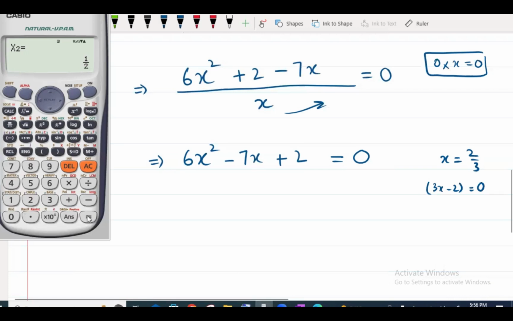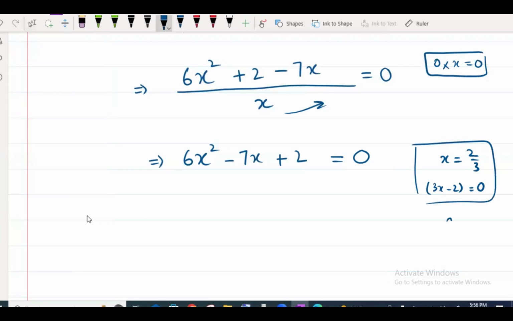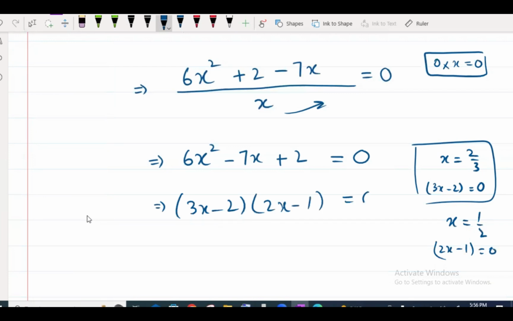Then the second value is x equal to half, so it will be 2x minus 1 equals to 0. Now we have two brackets here, 3x minus 2 factorized. The process of factorization you have to show in the exam. After this, comparing with 0, 3x minus 2 equal to 0, or 2x minus 1 equals to 0.